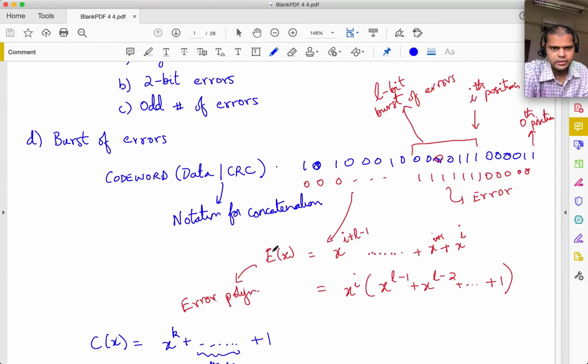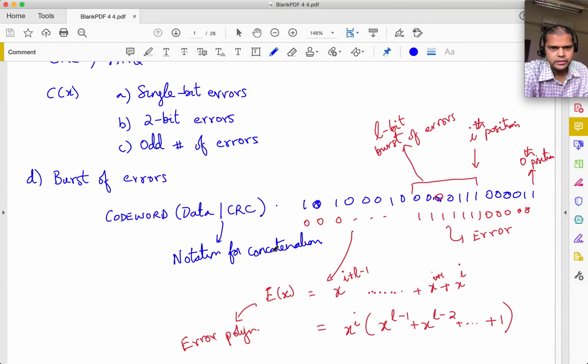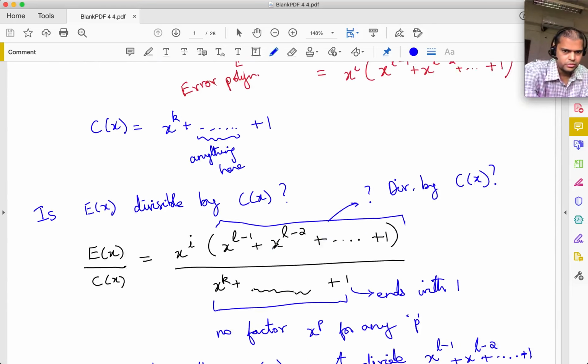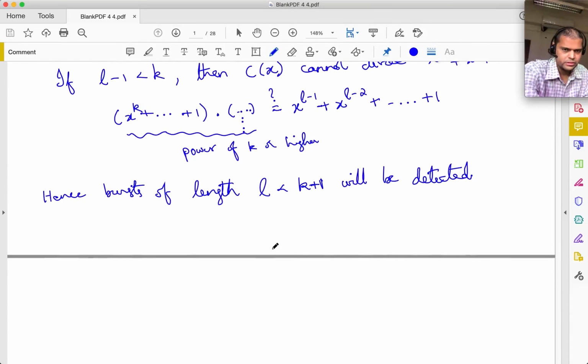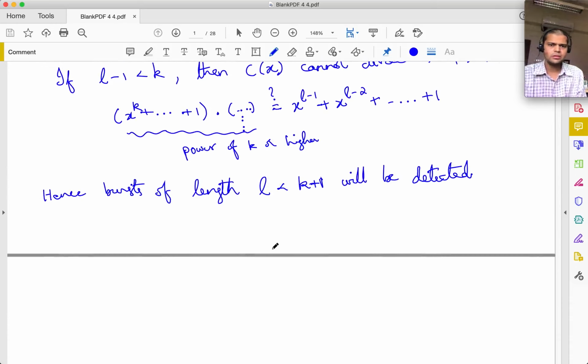So single bit, 2-bit errors, odd number of errors, and also a burst of errors is something that we can catch. So a good CRC designed well will be able to do all of these.